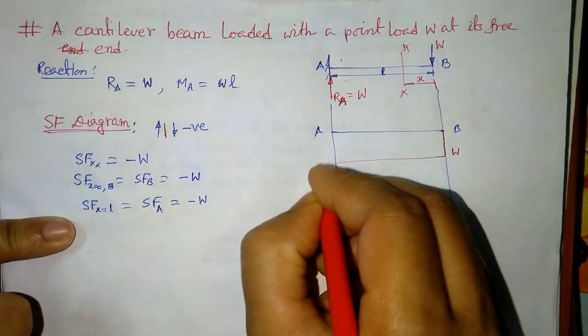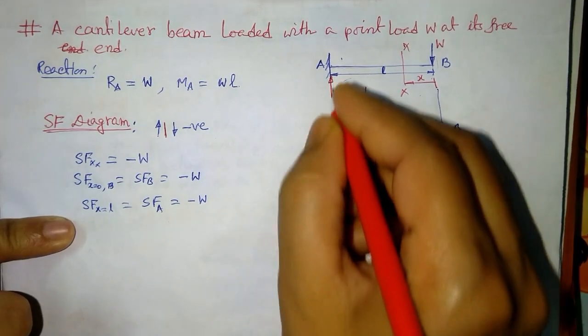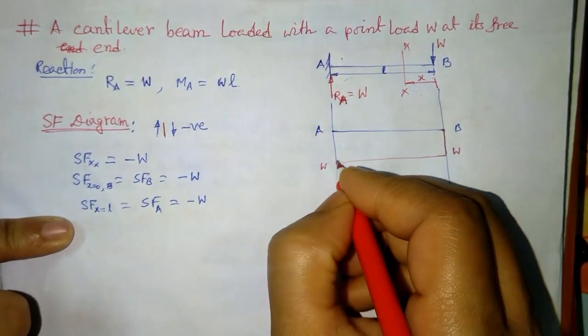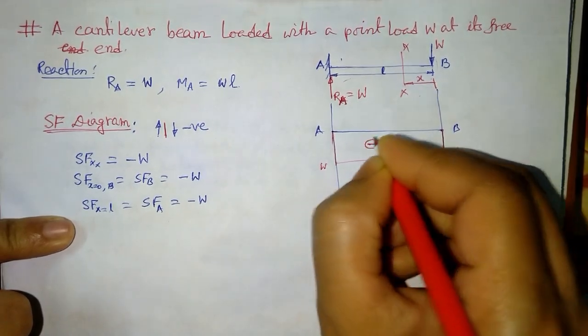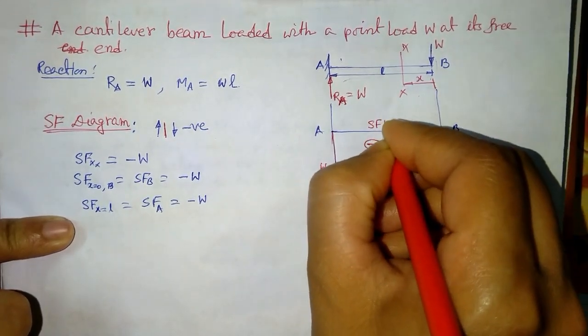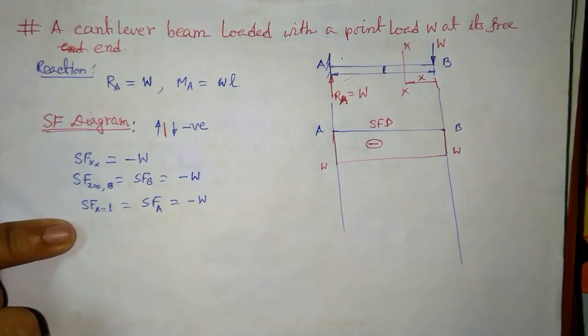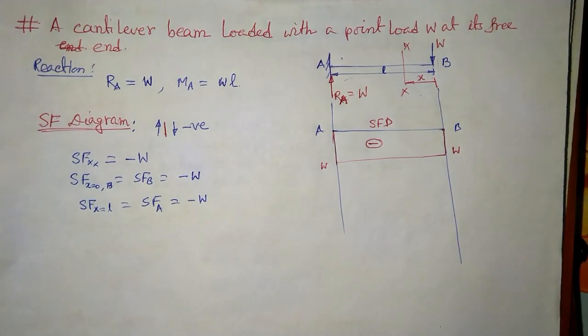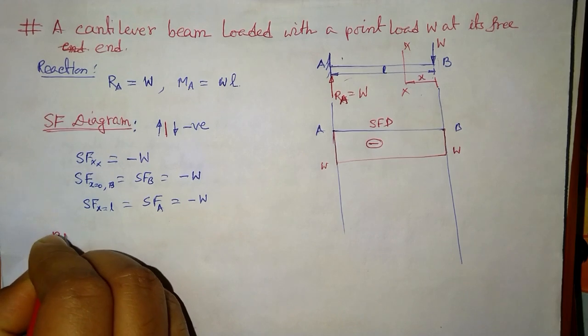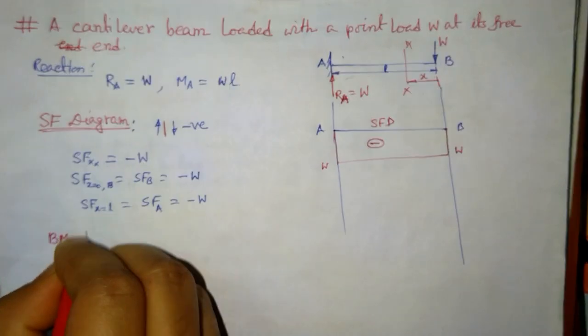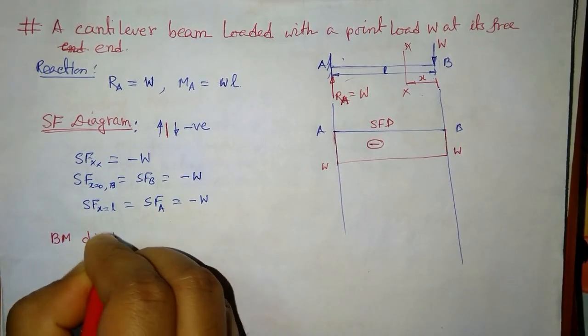After that we have the reaction at point A. So we have a negative shear force diagram, and the magnitude is W, constant. For a cantilever beam, if a point load is acting at the free end, we get this. Okay, so next we have the bending moment diagram.